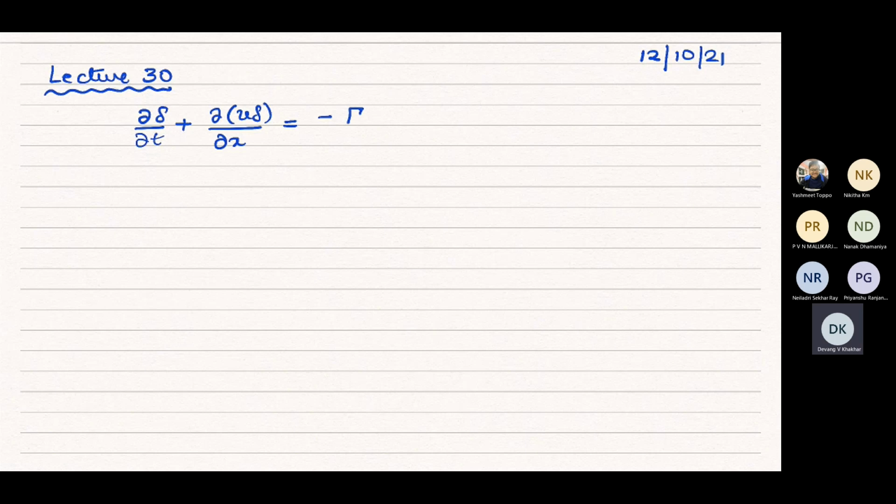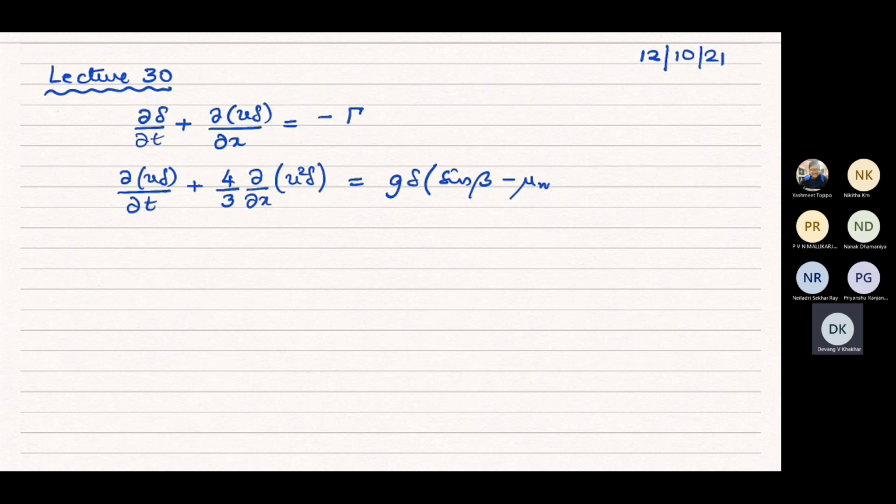And the second equation is u squared delta is just equal to g delta into sine of beta minus mu m cos of beta minus 2.